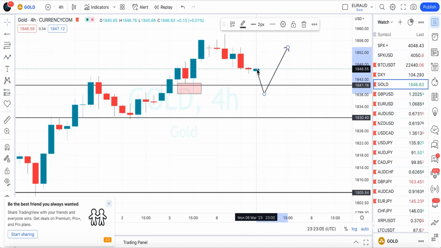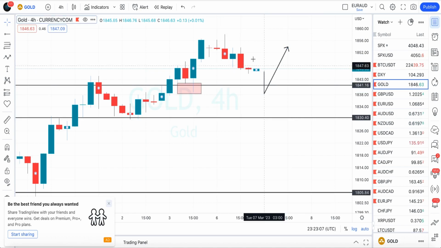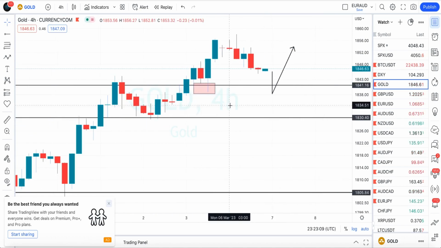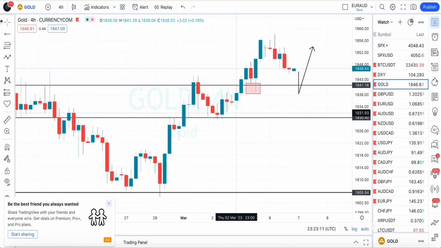So that's what we are looking at right here on gold. The first take profit is there to be on the safer side, and the second one is at the 50% Fibonacci retracement level.